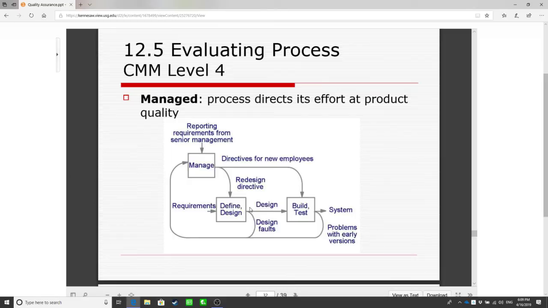The other one is problems to management. And what is that? Requirements from senior management. Right, so higher level management requirements. So we have faults, we have problems, they go to the management. Why does the management need these faults, requirements, and problems?